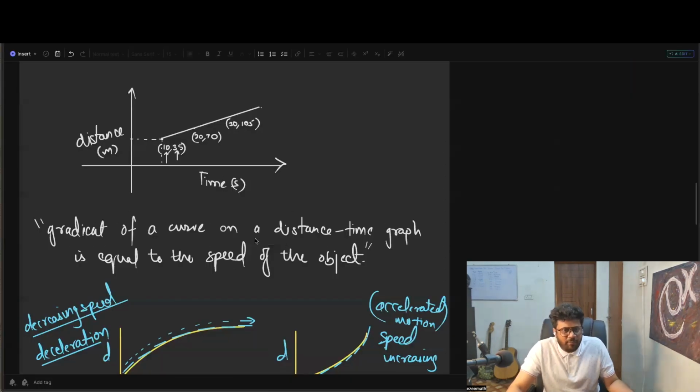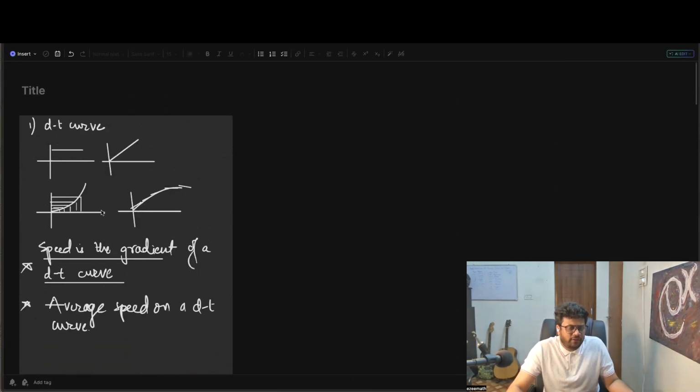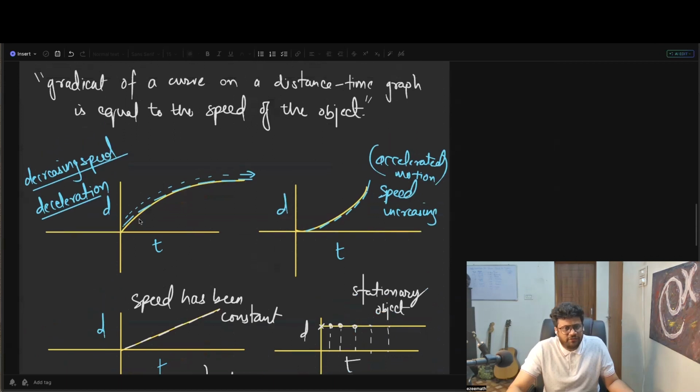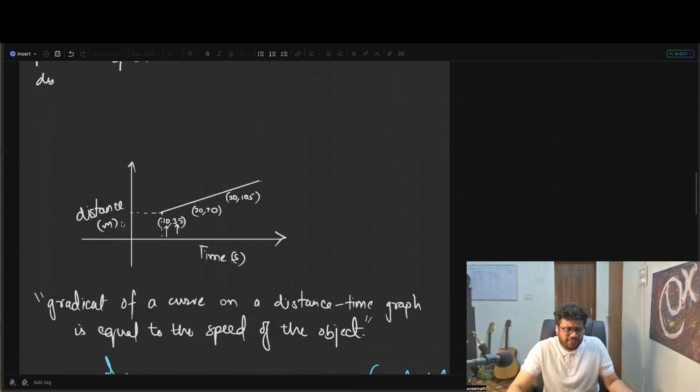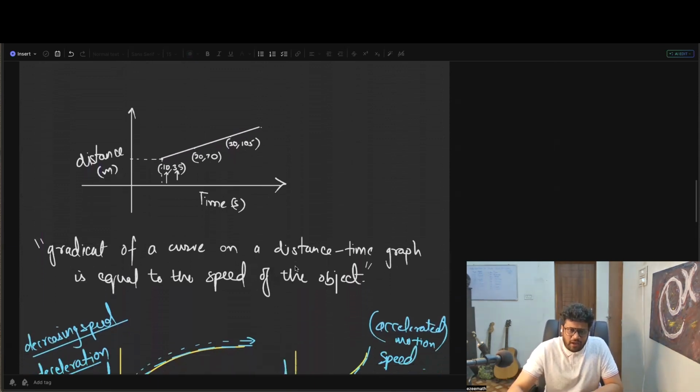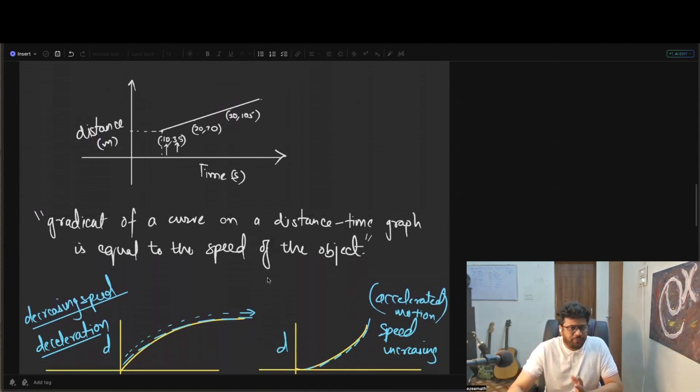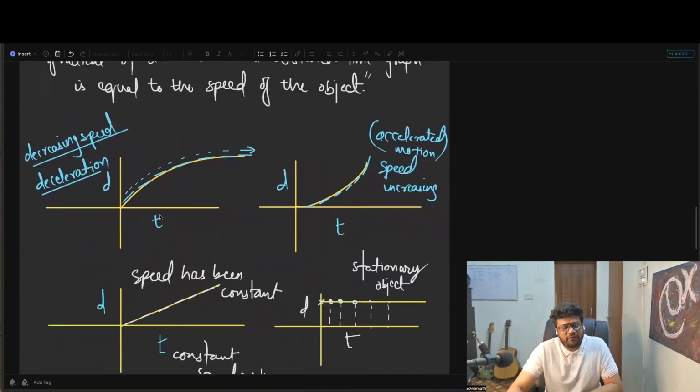And we can sum it up starting with the definition of it. What it really is, it's just a representation of the distance moved by an object and the time taken for it. Gradient of a curve on a distance time graph is equal to the speed of the object. And these are a few curves explaining the motion.